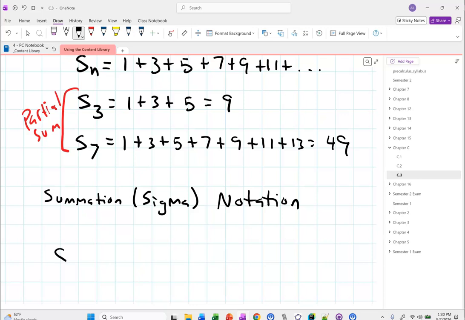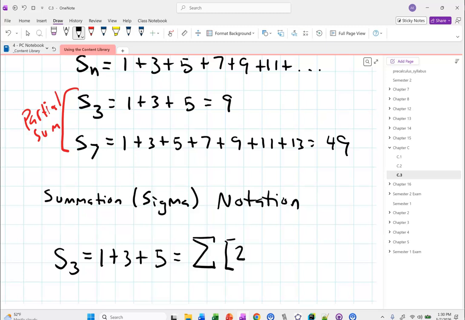So, for example, we can say that S3 is going to be the same as we write the capital Greek letter sigma, which looks like this. And then we're going to write the sequence that we're going to be adding up.